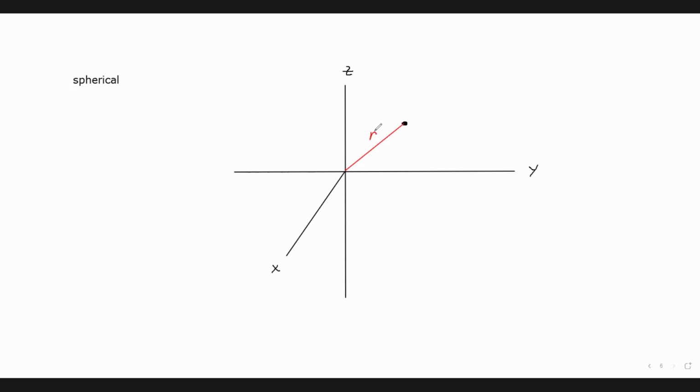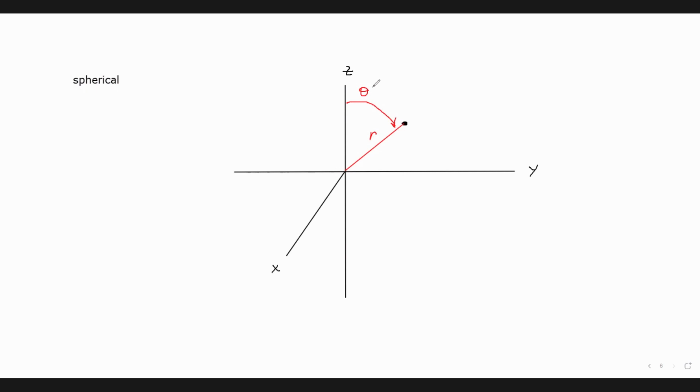Now, the first angle that is used in spherical coordinates is called the zenith angle. Conventionally, we use theta for the zenith. People use different angles. I'm going to use theta for the zenith.